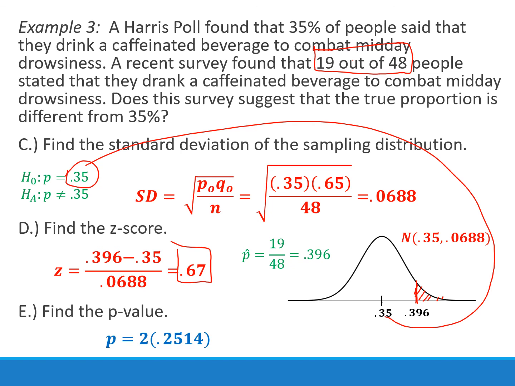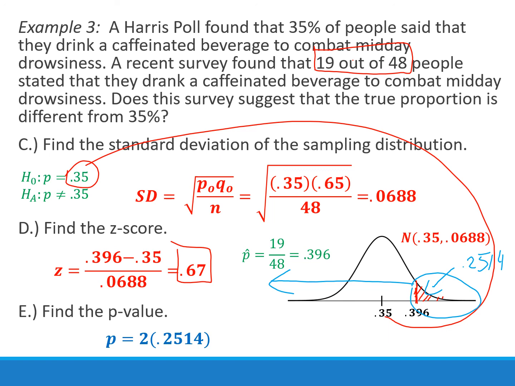Look that up. Okay, now remember, when we look up a z-score, it's always telling us area to the left. So we have to do 1 minus. When we do 1 minus this, we get 0.2514. Okay, but since this is a not equal to hypothesis test, it's not a greater than, it's not a less than. This would be a greater than hypothesis.